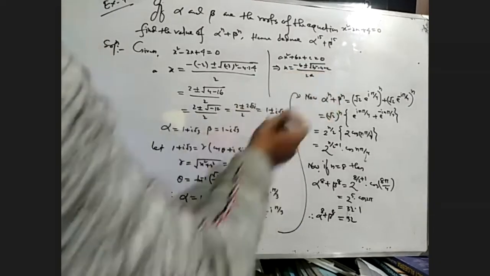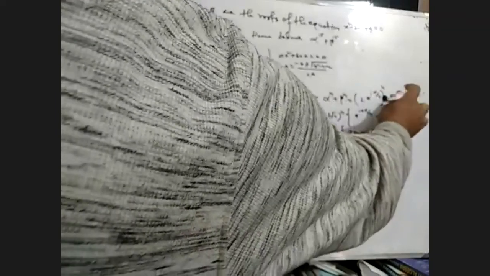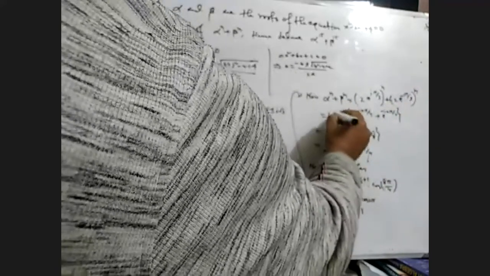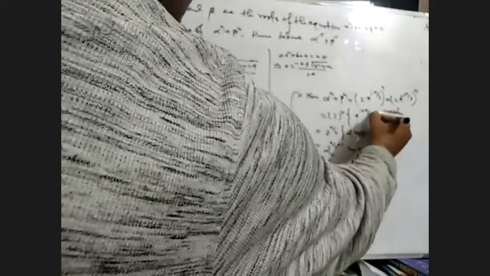Now alpha to the power n and beta to the power n will be 2 to the power n, and the angle will be n pi by 3.